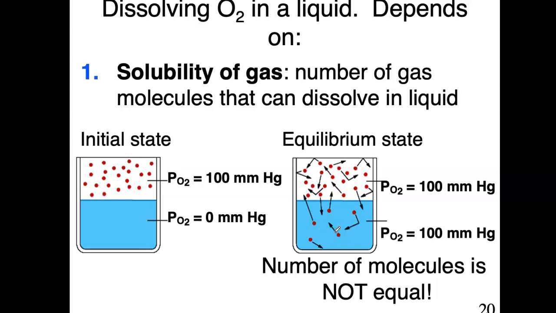To what extent? Well, this will happen until the pressure exerted by that gas here in the air is equal to the pressure exerted by that gas in the fluid. So the pressure is equal in both of these. It's 100 millimeters of mercury here and 100 in the fluid. But the most important thing to notice is that the number of molecules is not equal, correct?